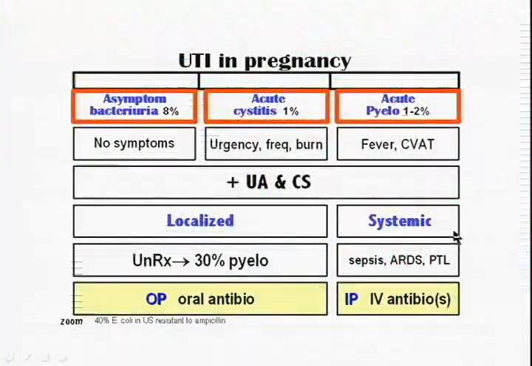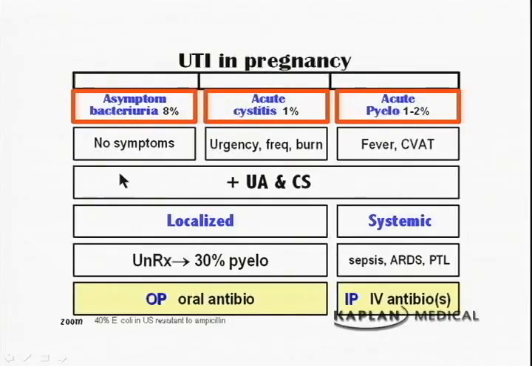Let's look at UTI in pregnancy. There are basically three entities we're concerned with: asymptomatic bacteriuria, acute cystitis, acute pyelonephritis. The most common is asymptomatic bacteriuria. What are the symptoms of asymptomatic bacteriuria? Duh, there are no symptoms. So she doesn't even know she's got it.